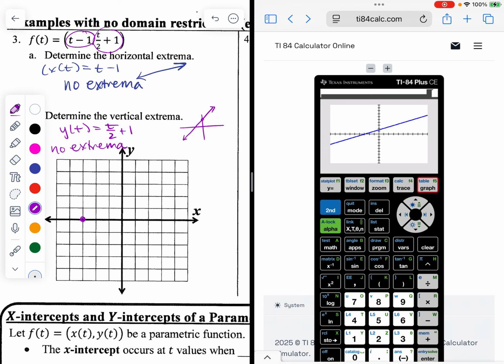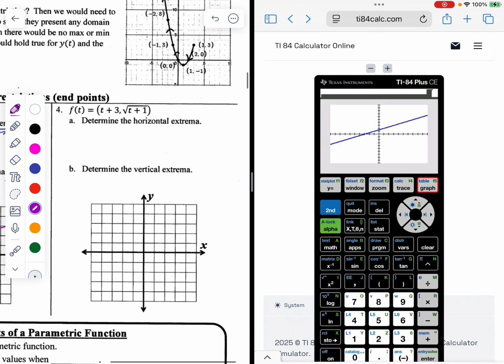Okay. Let's look at number 4. For the horizontal extrema, again, we're looking at t plus 3, okay? But in addition to that, even though there's no restriction, there is a natural restriction because we're talking about t's here.